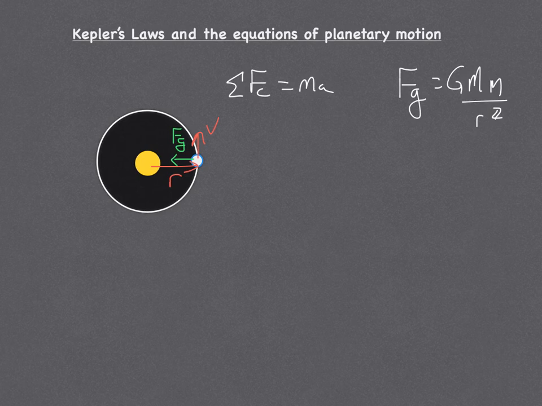First thing is, the only force acting on the planet is Fg. Make those substitutions. And what we're going to put into this equation is v for circular motion. We're going to put v in some relationship that is equal to ac.